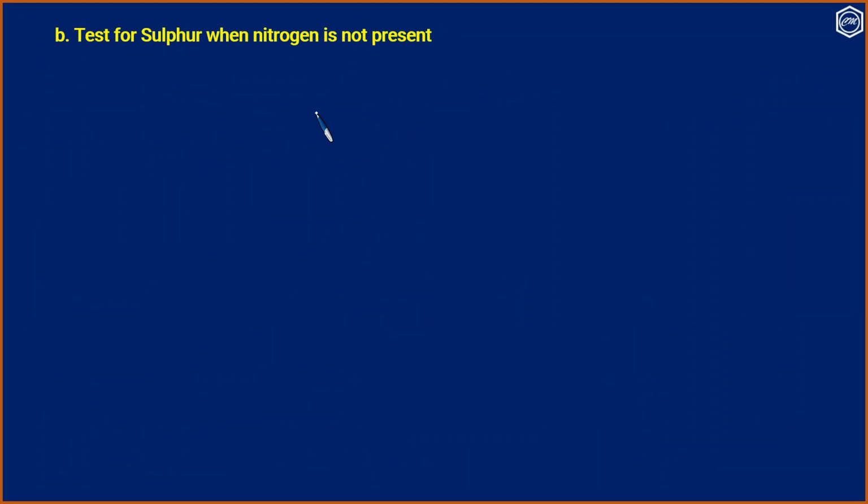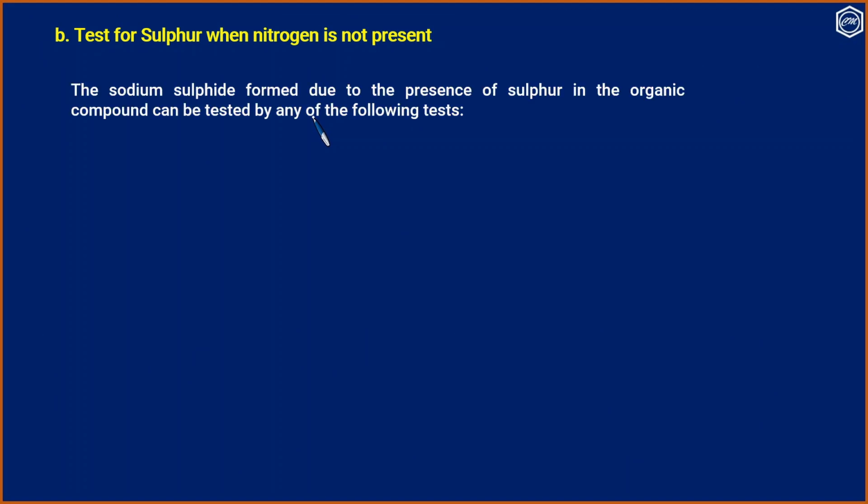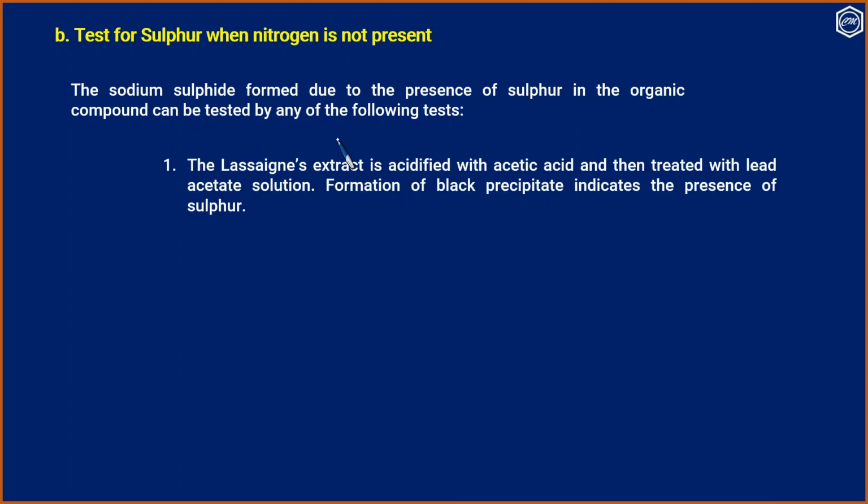Next, we test the presence of sulfur when nitrogen is not present. The sodium sulfide formed due to the presence of sulfur in the organic compound can be tested by any of the following tests. The first one is the Lassaigne's extract is acidified with acetic acid and then treated with a lead acetate solution.